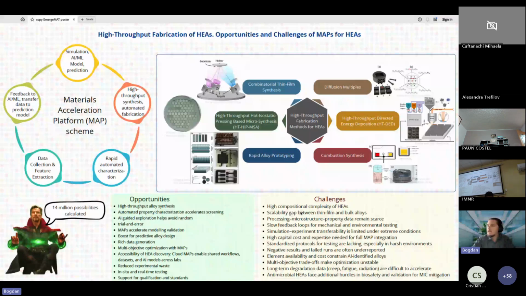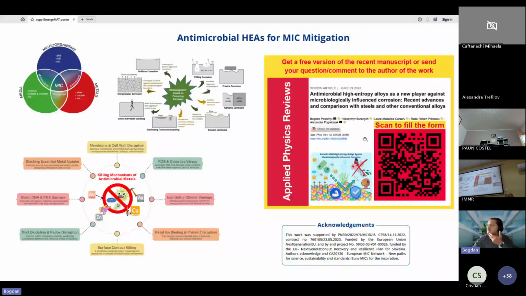You can see this on the poster in more detail. Also, if you access the poster, you can find the QR code with which you can download for free our recent review in Applied Physics Reviews on the topic of antimicrobial high entropy alloys for mitigation of microbiologically influenced corrosion. Thank you so much.